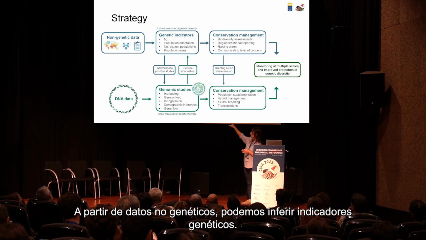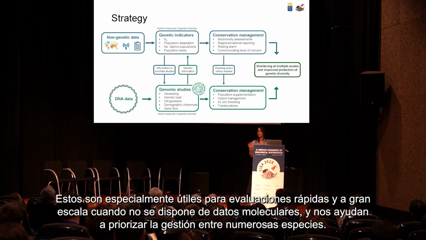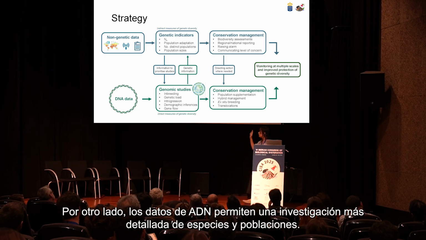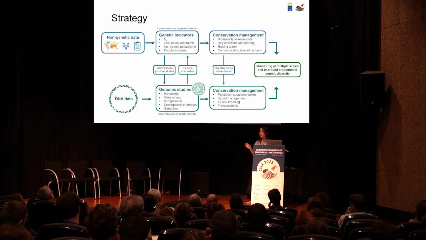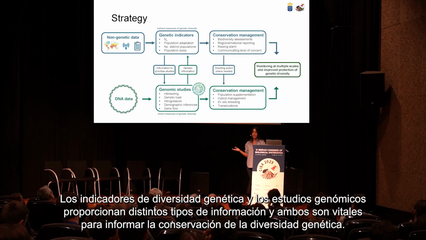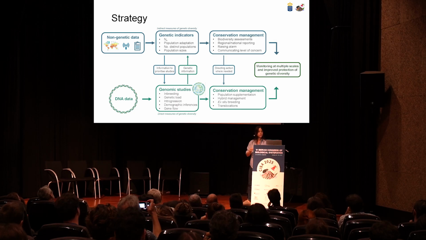So using non-genetic data, we can calculate genetic indicators which offer a way for us to perform rapid and large-scale assessment of biodiversity when molecular data is not available. And then we can also use DNA data to perform more in-depth investigations of species and populations. Both of these provide very different types of information, and both of them are very useful and valuable for conservation management.